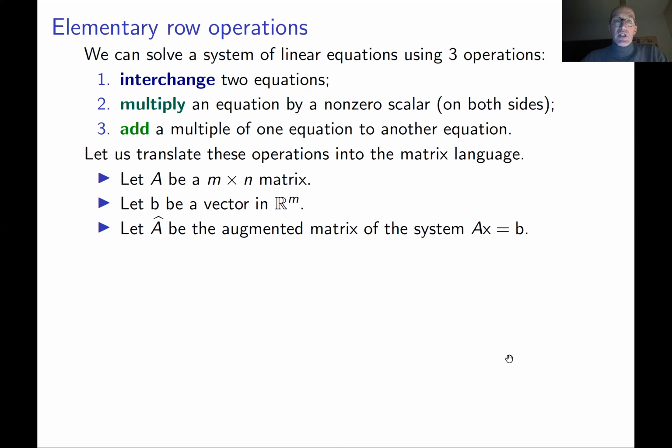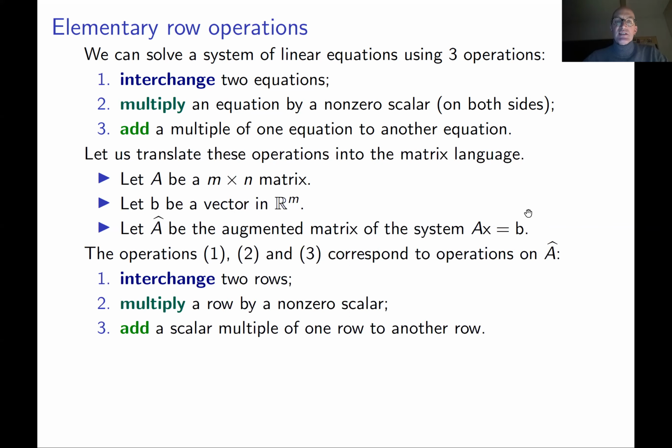So let us fix some m times n matrix, which corresponds to some system of equations, where b is a vector in Rm and A is the augmented matrix of the system Ax equals b. These three operations with equations can be translated into the language of matrices as follows. First, we interchange two rows. Second, we multiply a row by a non-zero scalar. And third, we add a scalar multiple of one row to another row.